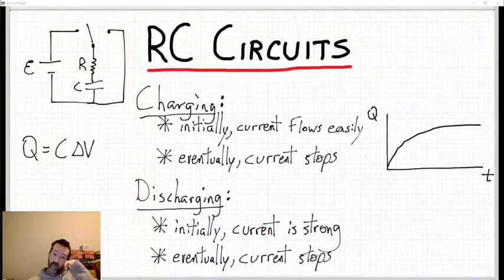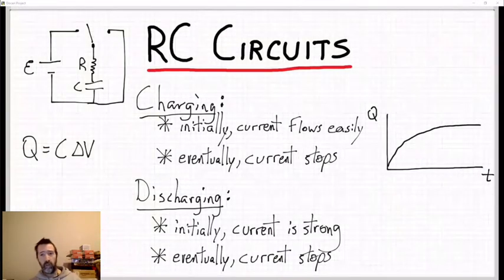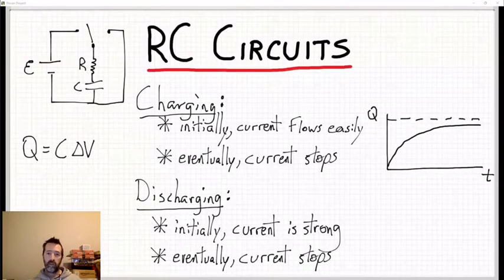And I'll show in the next video that this function involves an exponential. There's like an e to the x in there. But qualitatively, what you need to know is that it starts out changing rapidly, gradually levels off at some maximum value, so there's an asymptote there.